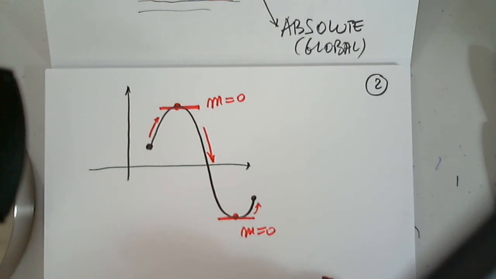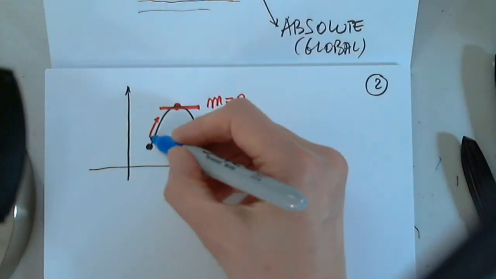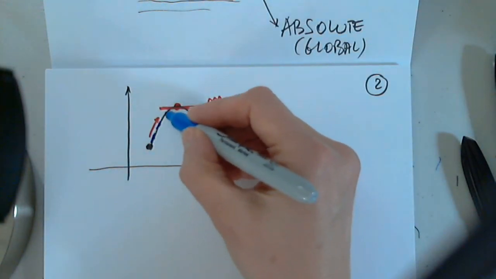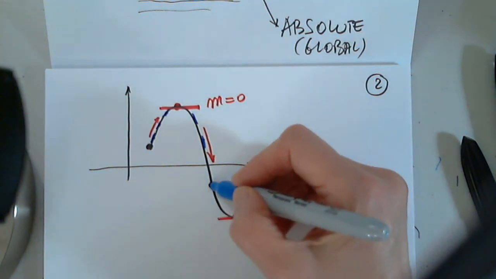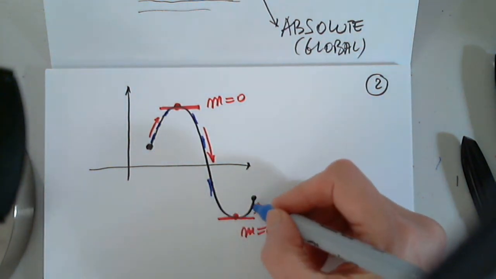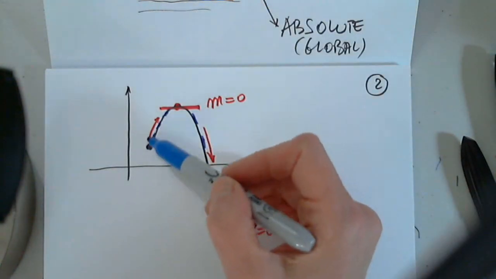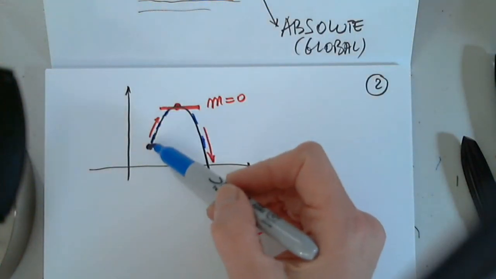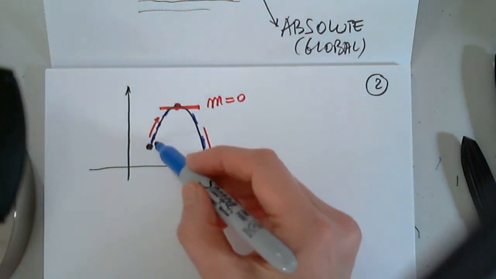Okay. Now, if we graph a couple of tangents here, and a couple of tangents here, and one here, we realize that clearly, when the function is increasing, the slope of the tangent line is positive.